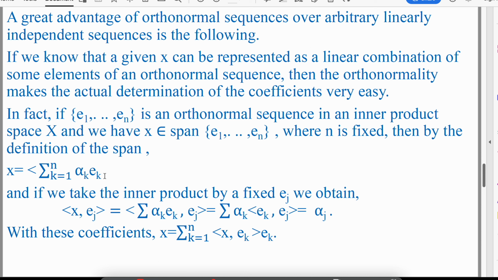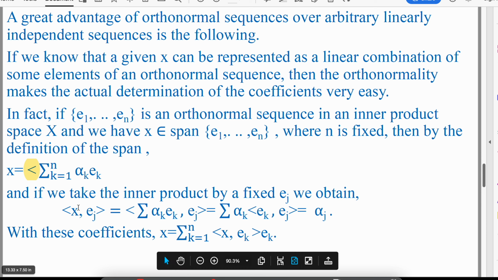ek. And if we take the inner product with a fixed ej, then, here x is equal to sigma k equal to 1 to n alpha k ek, we get the inner product of x with ej equal to the sigma k equal to 1 to n alpha k ek with ej.